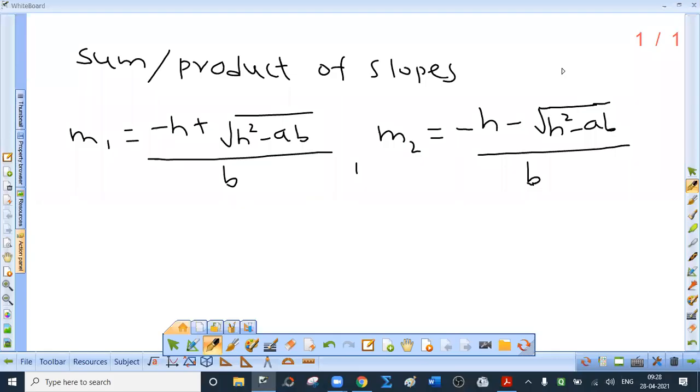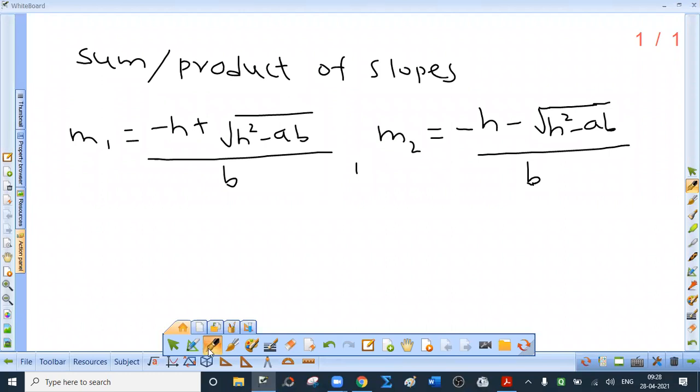Now we are going to discuss sum and product of slopes of the lines represented by ax square plus twice hxy plus by square equal to 0. See, I have mentioned slopes of the two lines. They are m1 equal to minus h plus root h square minus ab upon b, and what is m2? Minus h minus root h square minus ab upon b.